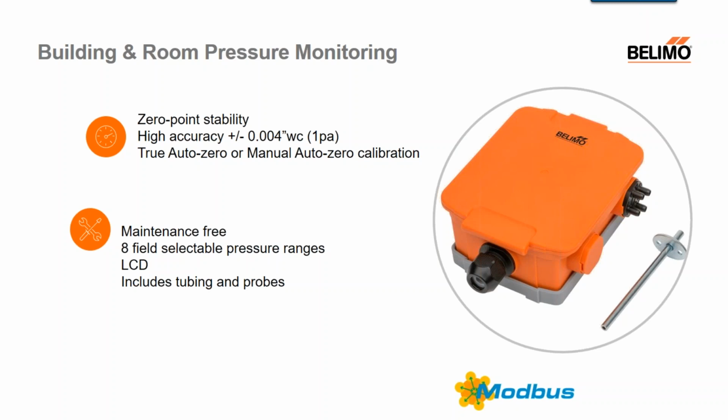Here we see up to 8 inch plus or minus 0.04, and above 8 inch plus or minus 0.1 inch water column. So 3 options, and the lowest range 0 to 1 inch is plus or minus 0.004 or 1 Pascal.